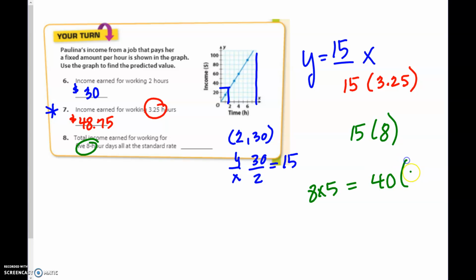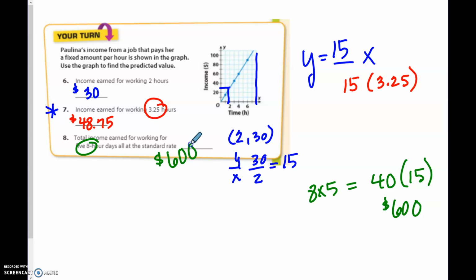And then I'm going to take that 40 times 15. So I'm going to just do it that way instead, because they're saying 5 8-hour days. And so 40 times 15 is going to get me to be $600. So they would be making $600 a week.